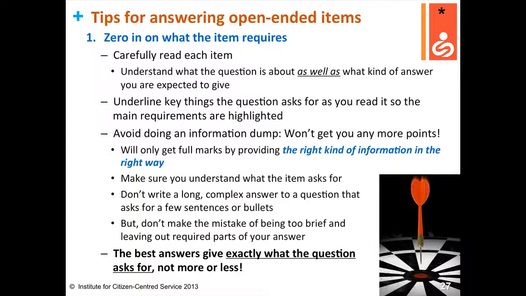Don't waste your time writing tons and tons of text. If they ask for bullet points, that means they're just looking for key phrases, key words. They're not looking for a long written response. But don't make the bullet points or even your written out responses so brief that you leave out important information. That's your challenge, to provide the right kind of information in the right way.